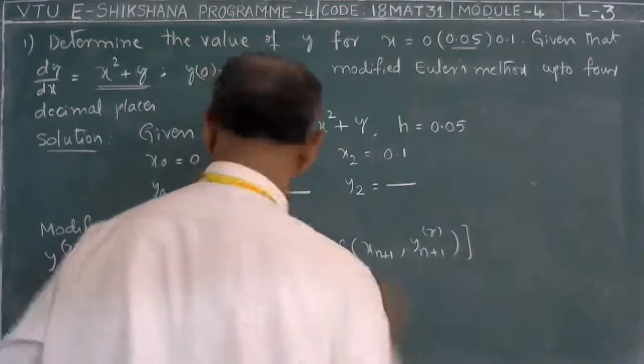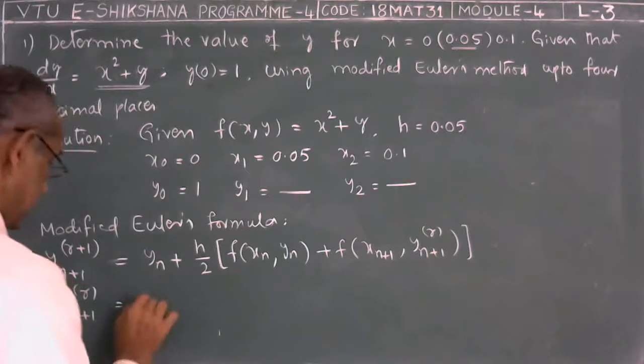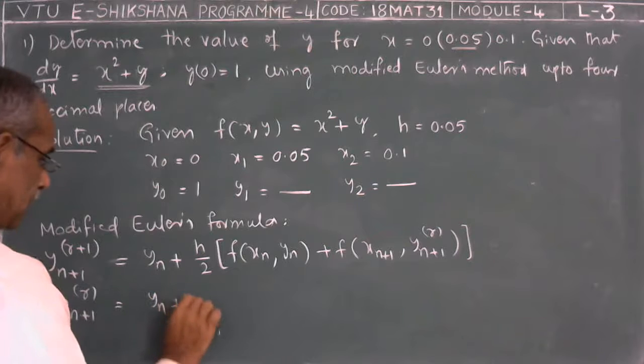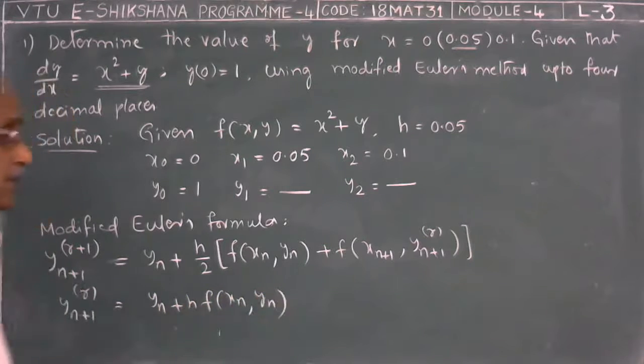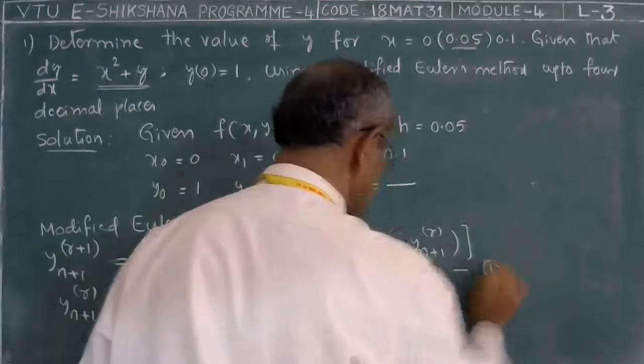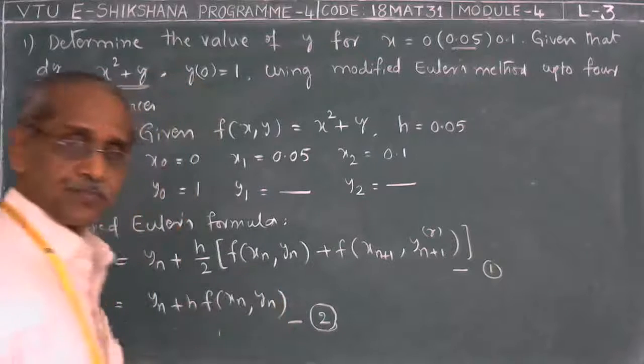Close this bracket. Where yn plus 1 r is yn plus h into f of xn comma yn. So let me call this as equation 1 and let me call this as equation 2.